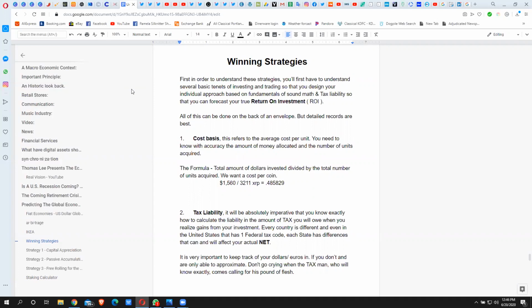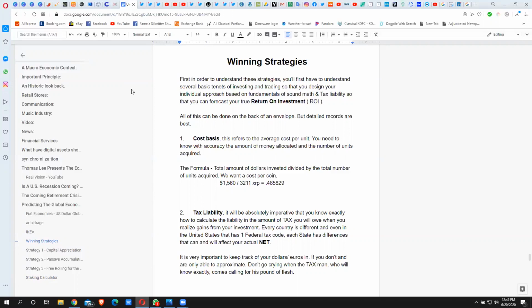Tax liability. It will be absolutely imperative that you know exactly how to calculate the liability and the amount of tax you will owe when you realize gains from your investment. Every country is different, and even in the United States that has one federal tax code, each state has differences that can and will affect your net.